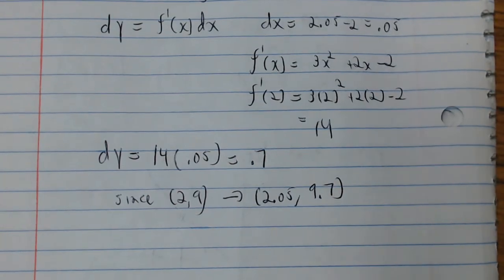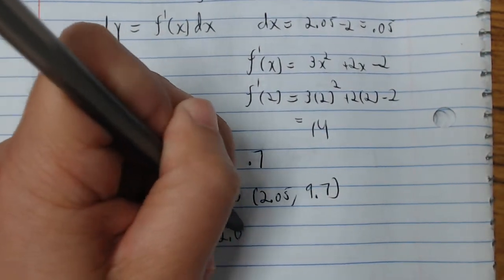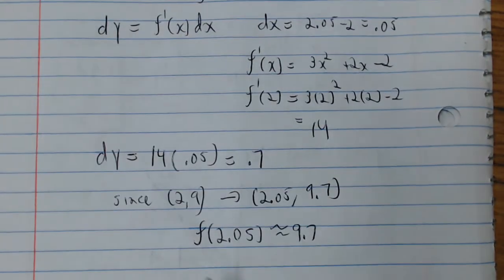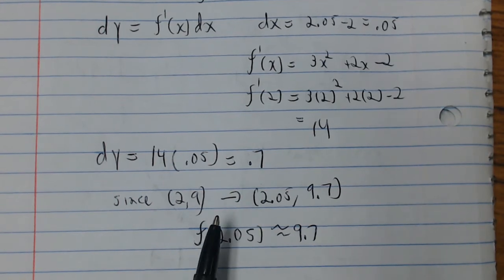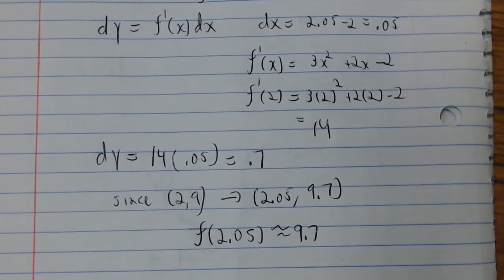So in other words, we're saying that f of 2.05 is roughly 9.7. Now remember, this isn't exact because we're using the tangent line to approximate the y value of that function when x is 2.05. But you see how we're just using the tangent line, the slope. We're not using the equation of the tangent line, which is what we did yesterday.